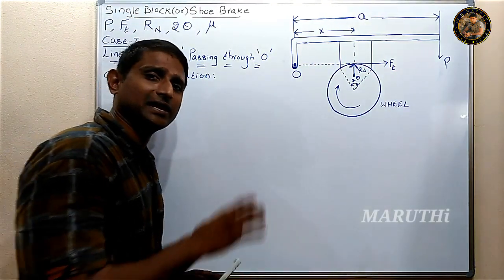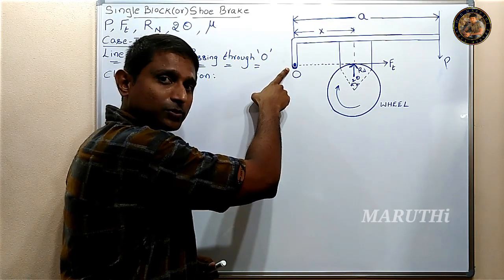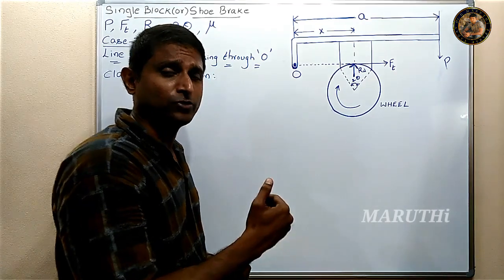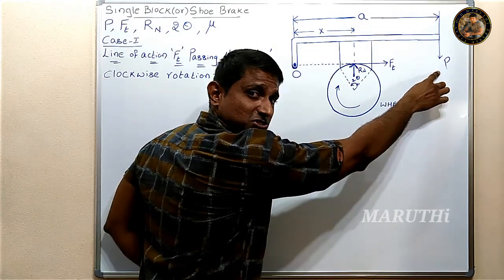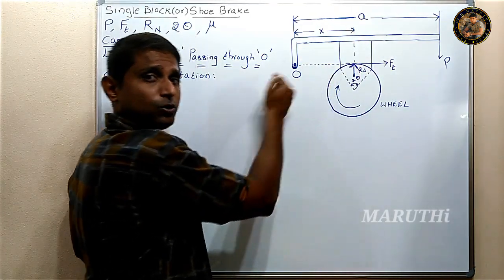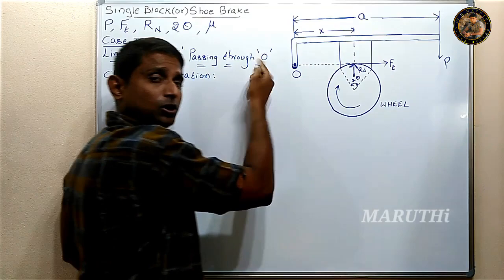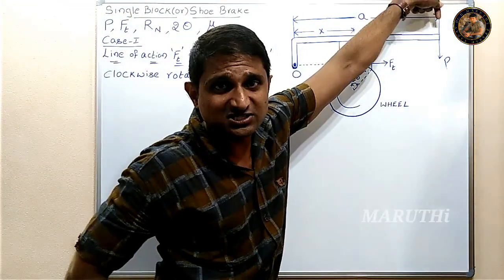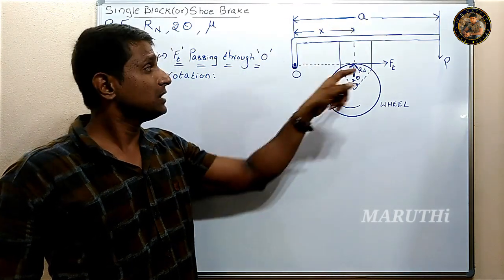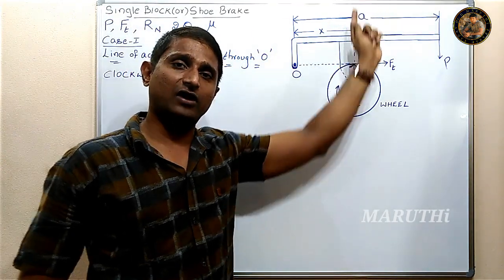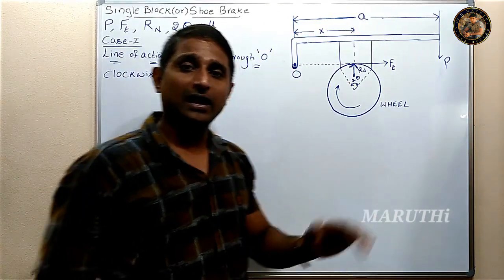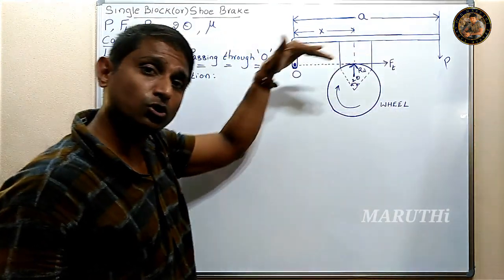From this, we take the equilibrium about the pivoted point O. We have to consider the moment of all the forces about point O: the one external force P, the moment of P about O, the moment of Rn about O, and the moment of Ft about O. The line of action of P is at a distance of small a from the fulcrum, the line of action of Rn is at a perpendicular distance of x from the fulcrum, whereas the line of action of Ft is passing through fulcrum O.